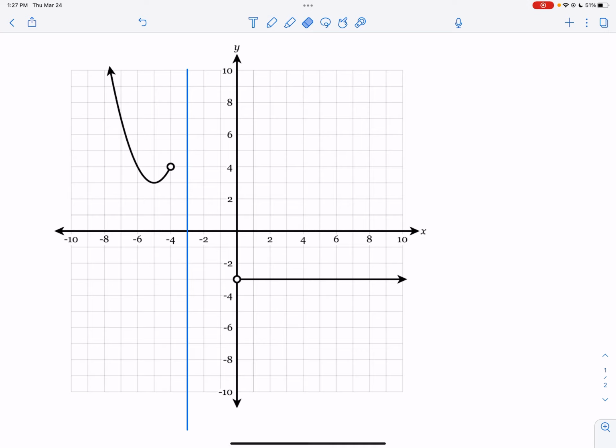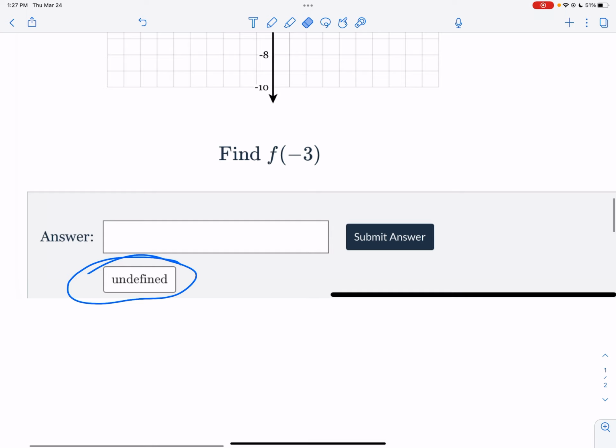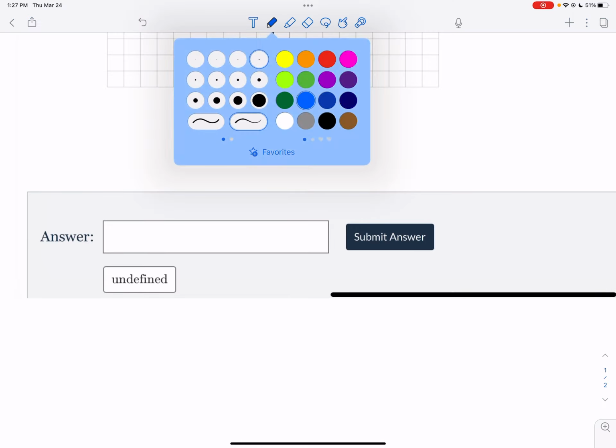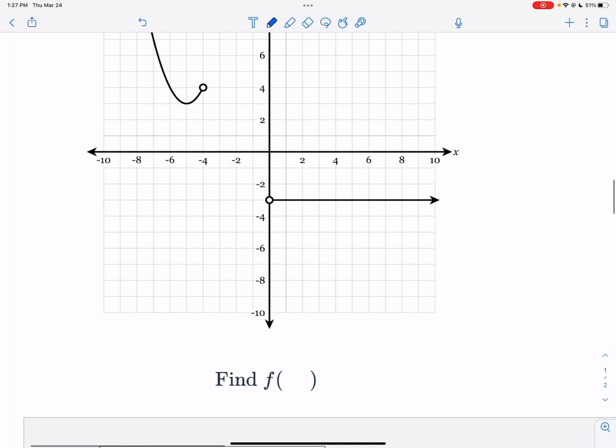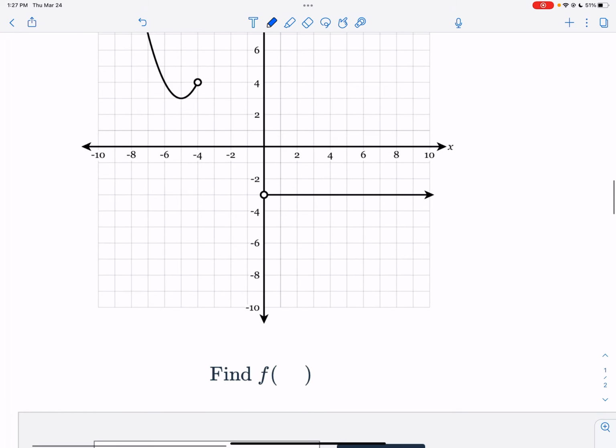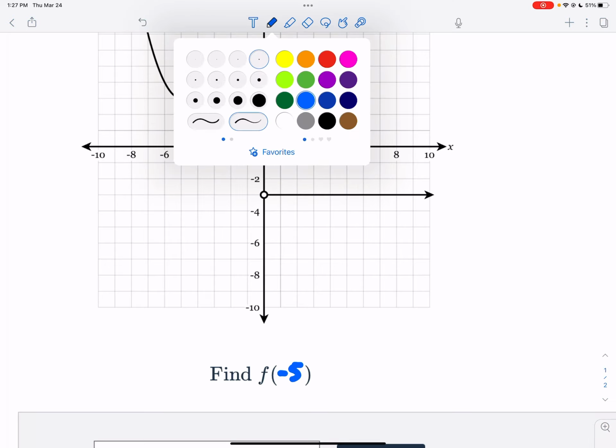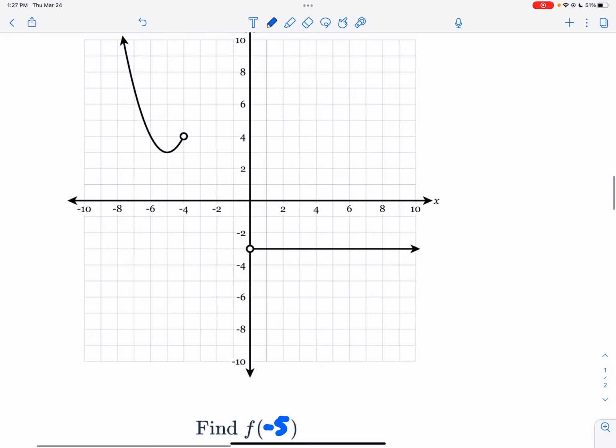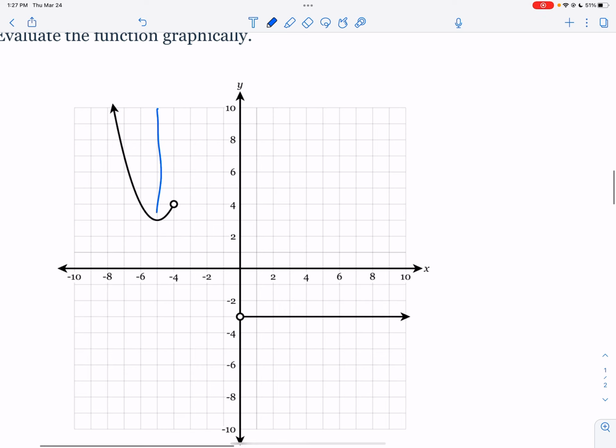Now, this would be a completely different answer if we had been asked a different question, as is the normal. If we had instead been asked, what is f of -5? Well, drawing the line, usually we just do this mentally, but you can always do it.